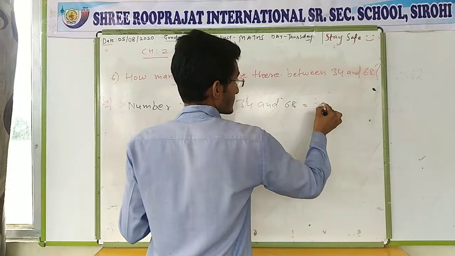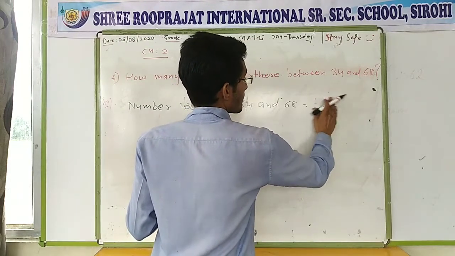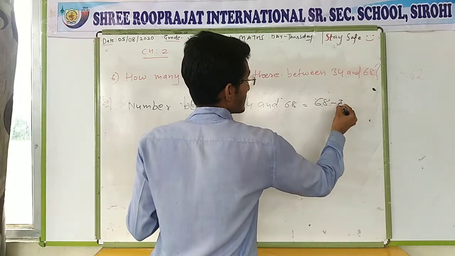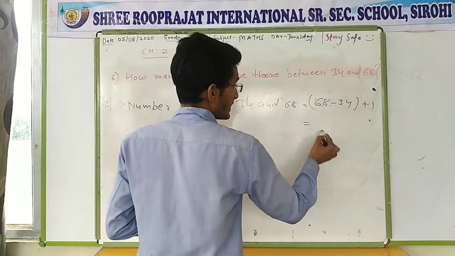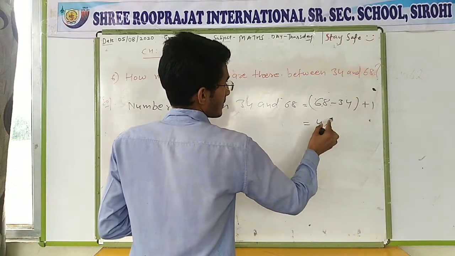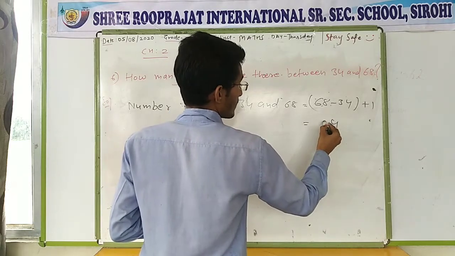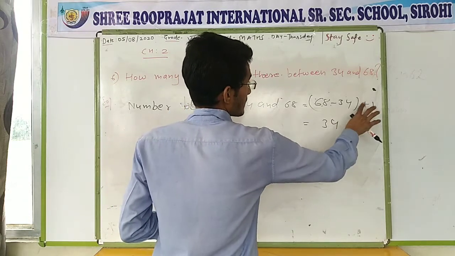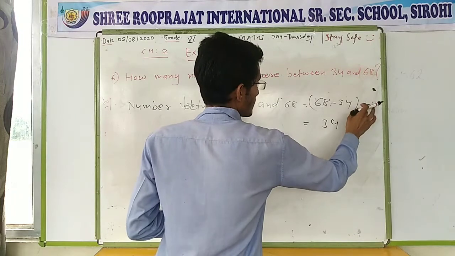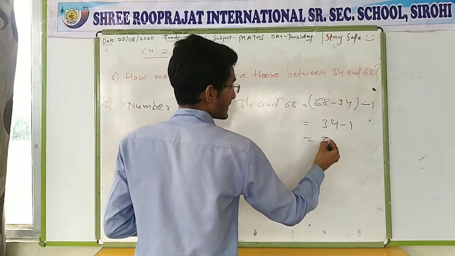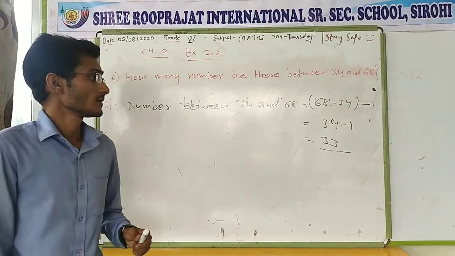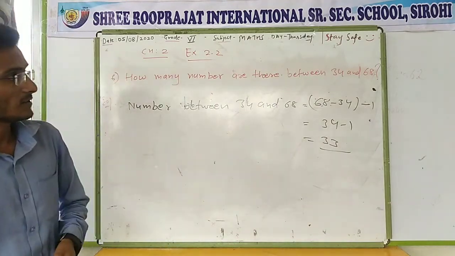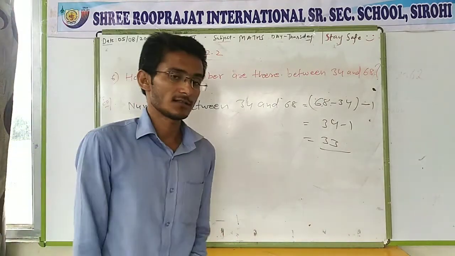First of all you have to subtract, 68 minus 34, but at the end you have to add 1. So here you will get 34, and then minus 1, you will get 33. So the total number in between 34 and 68 is 33.